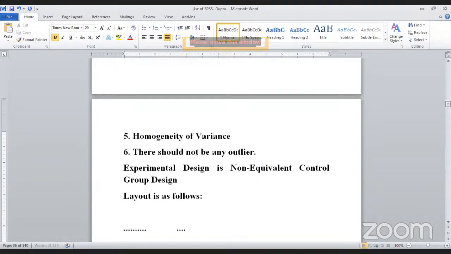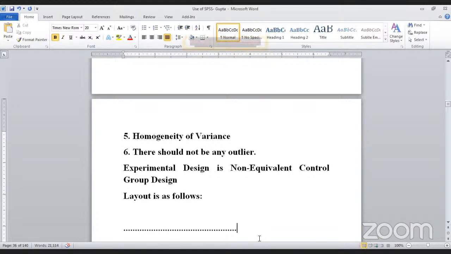There will be two groups minimum, and both are separated by the dotted line. The dotted line indicates that the two groups are not equivalent. What is the meaning? The meaning is that there must be some differences between both the groups because they are not equivalent.